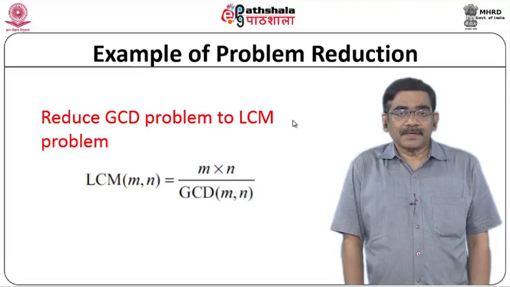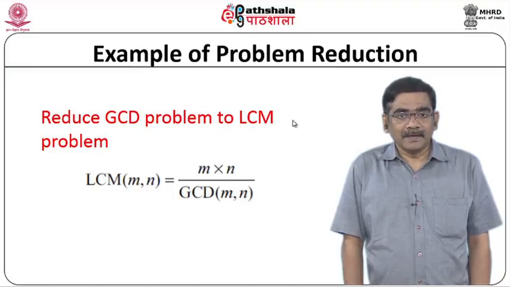Similarly, sometimes we may not have an algorithm for one particular problem. In that case, we can change the problem to some other problem for which we have an algorithm. For example, consider the problem of, let us say, LCM.